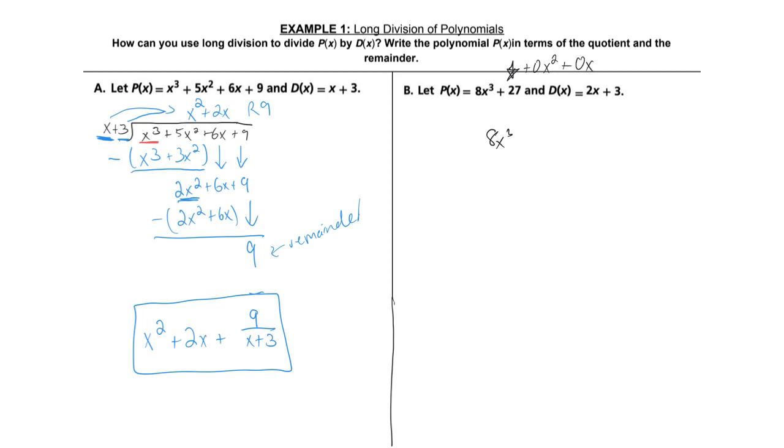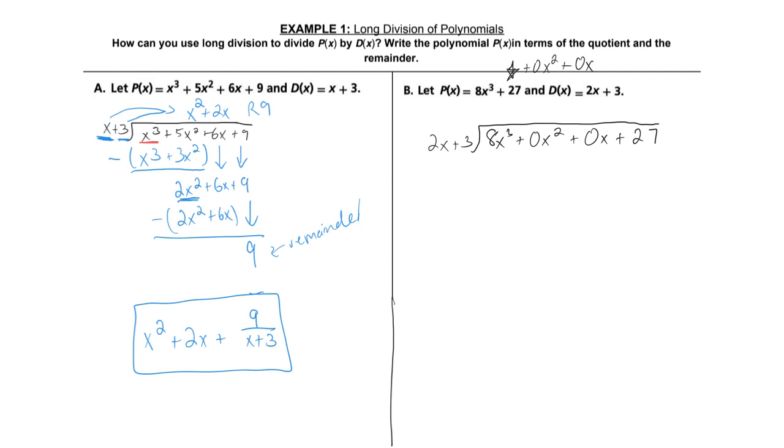The reason is because we want to keep it in line. So we're going to plug in a 0x squared just so that we're showing there's a space there. And then we also have another 0x, and then we write our 27. So this is important to make sure you write those missing terms. So it goes 3, 2, 1, 0 essentially. We're going to divide this by 2x plus 3.